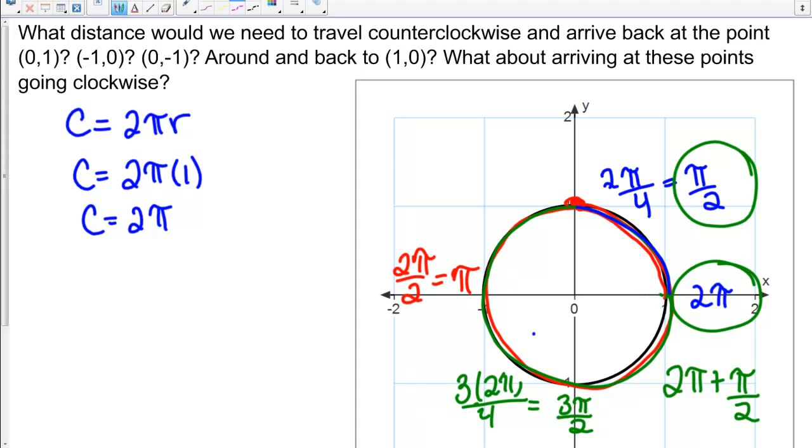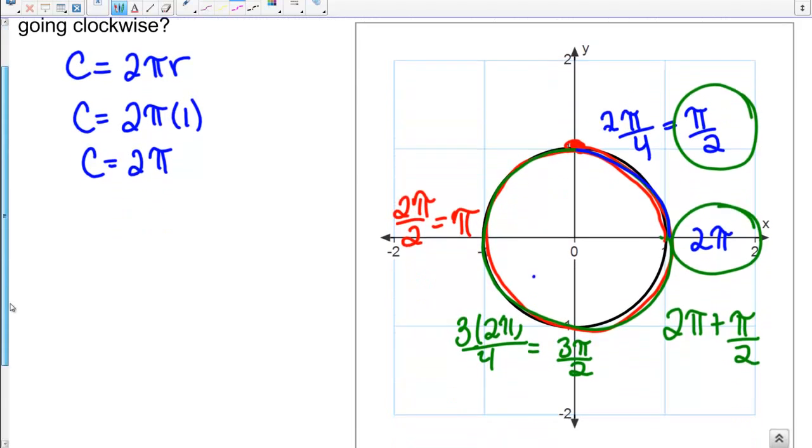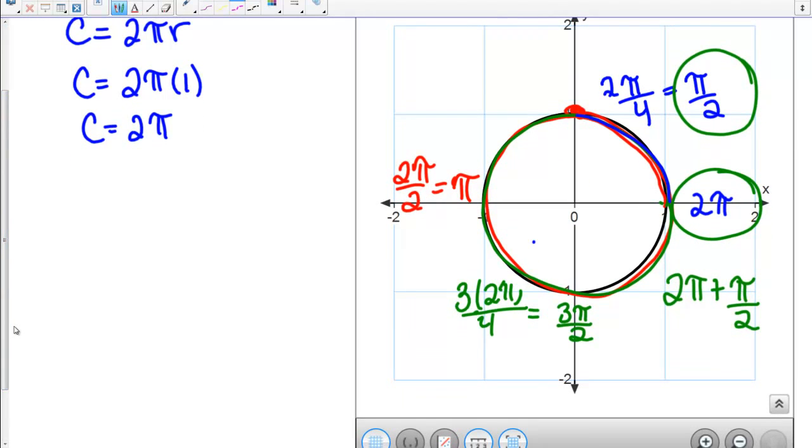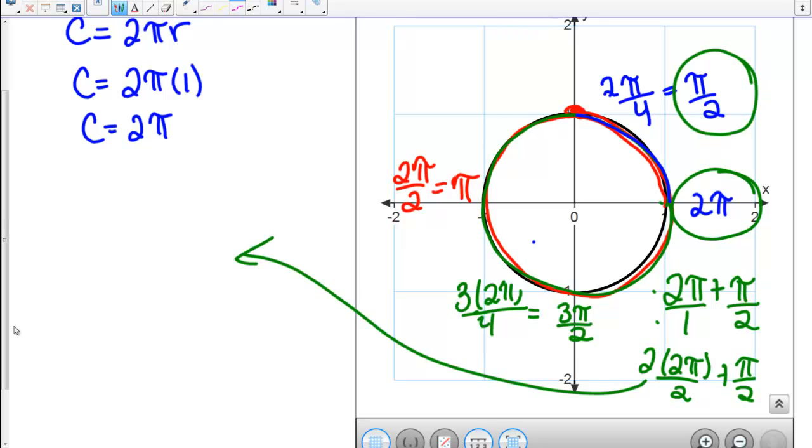We need to have a common denominator. Think of 2 pi as 2 pi over 1, so multiply top and bottom by 2. So 2 times 2 pi over 2 plus pi over 2. I'm going to come back over here, have more room. So we have 4 pi over 2 plus pi over 2.